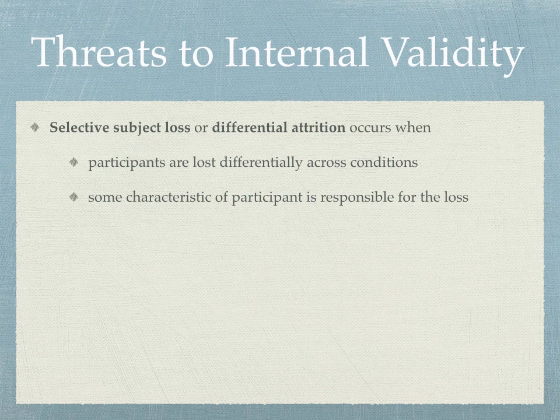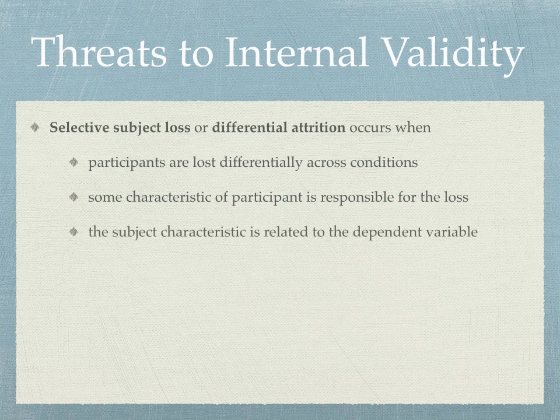It would be nice to have those people in there because they have different characteristics. And if they're dropping out differentially between these two groups, if we're losing the demanding schedule people in the treatment group but not in our control group, our groups are no longer equal.